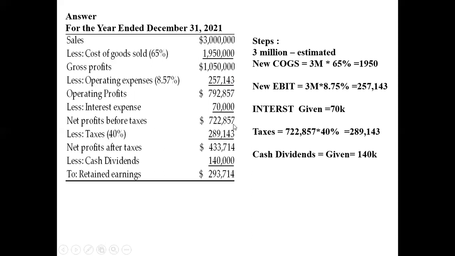So this net profit before tax, I take it times 40%, which is 289,143. So I subtracted it from the net profit before tax, and it gave me net profit after tax. And the dividends here are given, no change in it. So it is 140,000. Then it will give me the retained earnings that are left for me for this year, 2021.